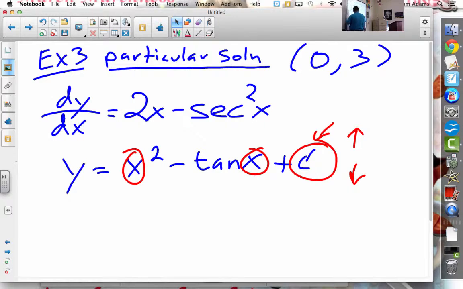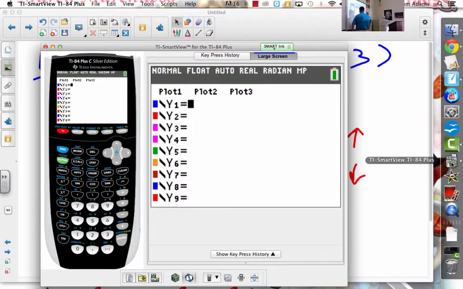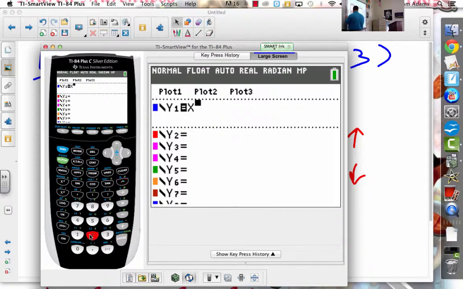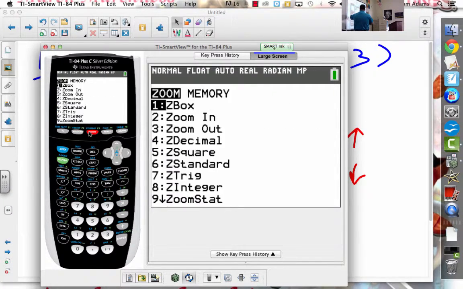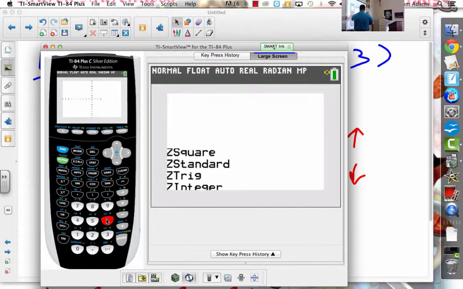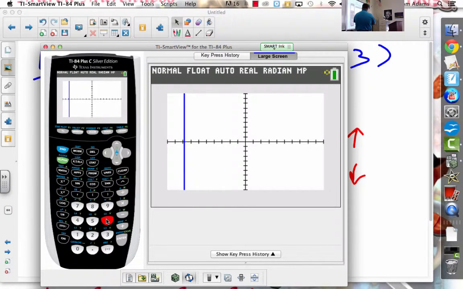So to graph that, to show the family of functions, I'm going to write x squared, okay, minus tangent of x. And to represent the family of functions, instead of saying plus c, I'm going to put plus L1. Now what that'll do is, and let me do a regular zoom on this, we'll do the standard, it'll graph the entire family of functions.